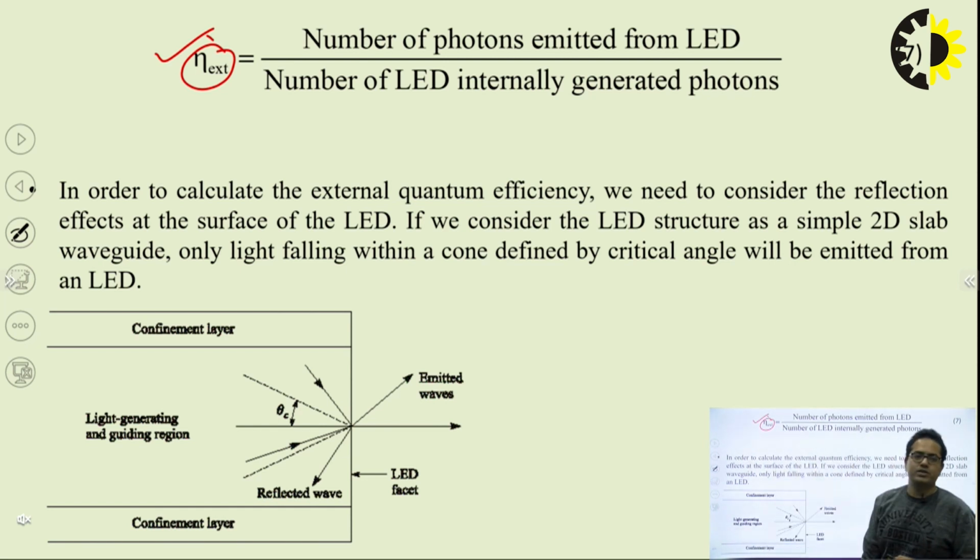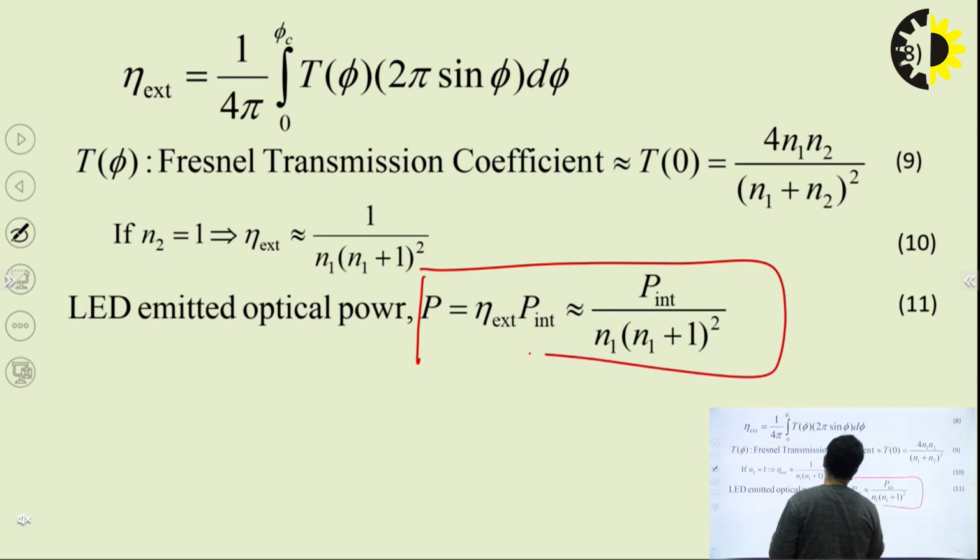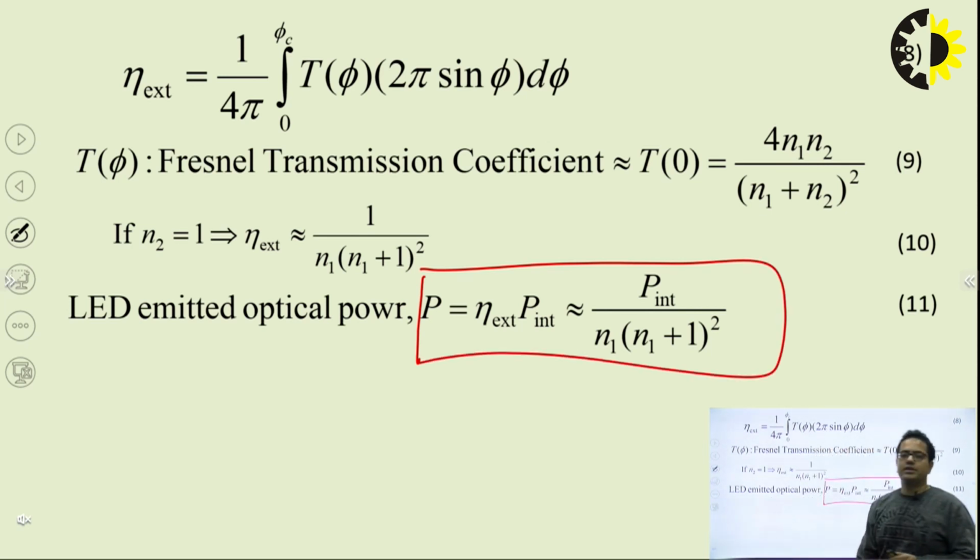Apart from external quantum efficiency, we have to get the light output that is coming from the LED. We just have to formalize that expression, which is P equals eta external into P internal. What is P internal?